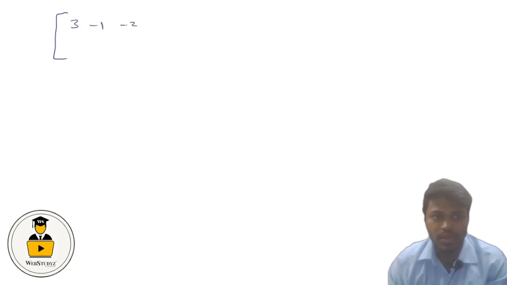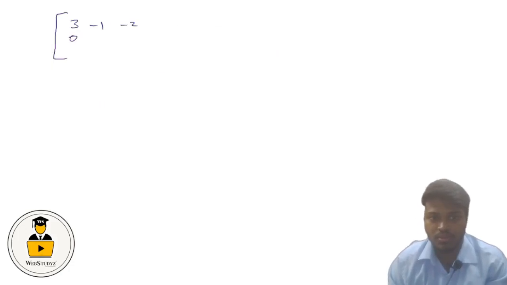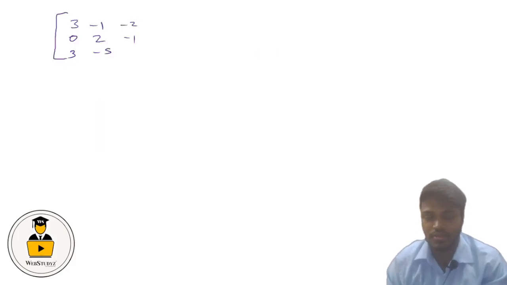Then since the second equation has no x term, we substitute 0 here, then 2 and minus 1. Then 3, minus 5, and for the third equation we don't have any z term, so we write 0 for z.